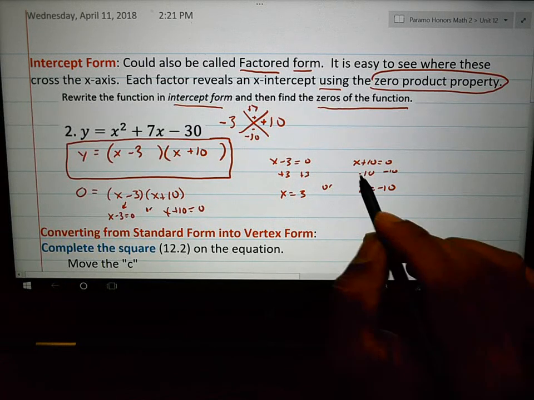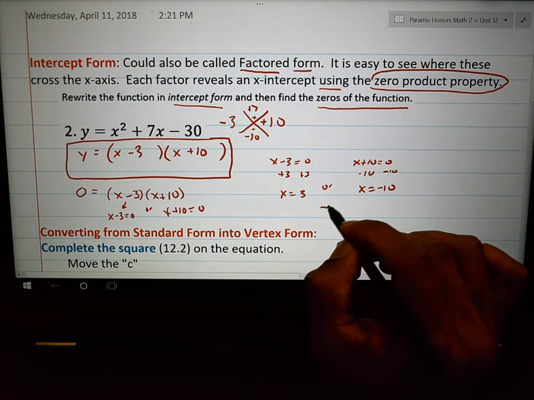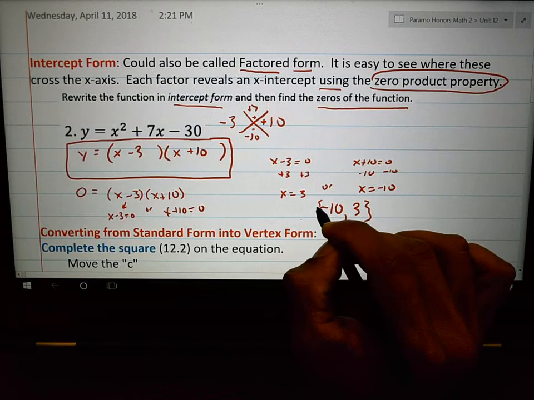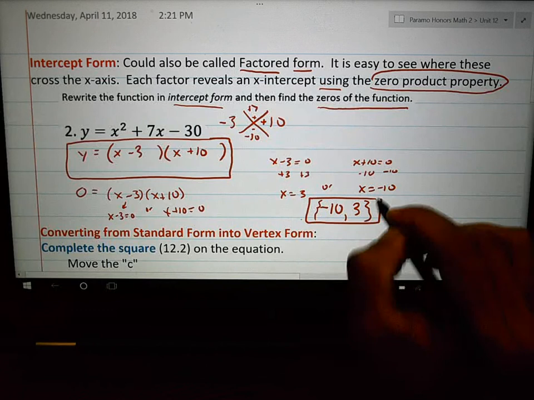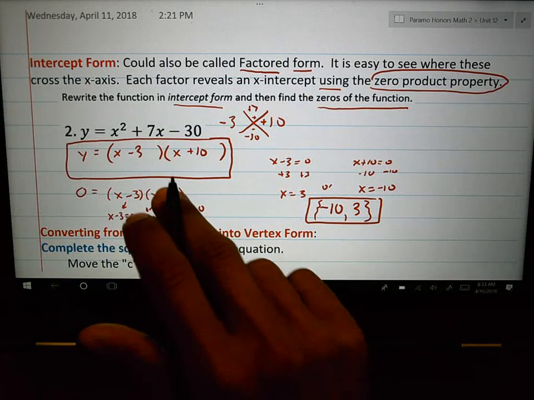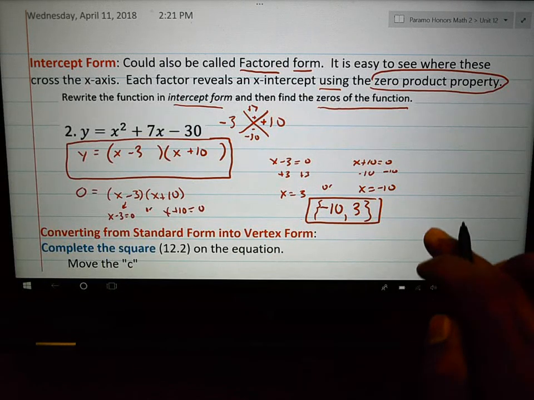What are the zeros of the function? The zeros of the function are at negative 10 and positive 3, and I usually put them in a solution set bracket. Those are your zeros. Those are your solutions. They're also where your x-intercepts are, but you would write them as ordered pairs for x-intercepts. So this is how you're going to do problems 1, 2, and 3.